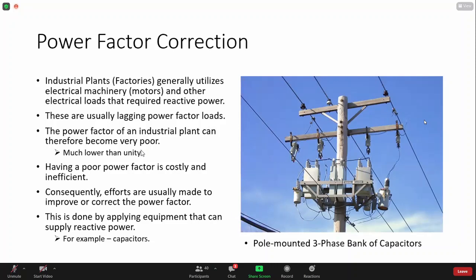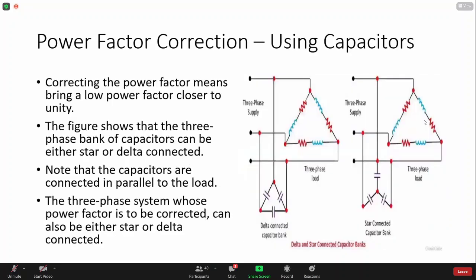All right. Now, circuit diagrams to show you how capacitors can be connected across the load. So they are connected in parallel with the load. In both cases you have a delta connected load, and in this case here on the left you have delta connected capacitors, while on the right you have star connected capacitors.